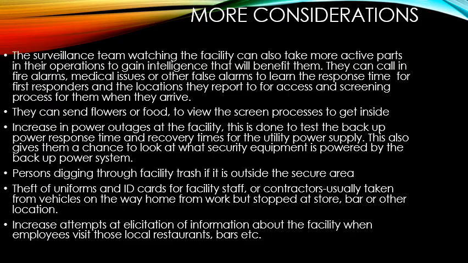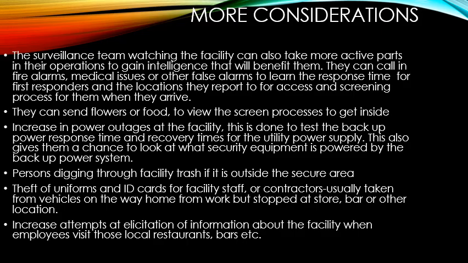Sometimes the hostile surveillance needs to gather specific information for planning purposes. To do this well, they create an activity they can observe. They do this, once again, by calling in fire alarms or police swatting to observe the interactions with first responders and law enforcement, such as the response time of the first responders, the locations they have to report to gain access, whether they are screened before they're allowed in, whether their vehicles are screened before they're allowed in, etc. They can also call in bomb threats to get response times.